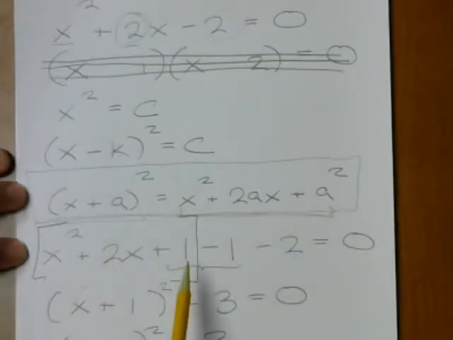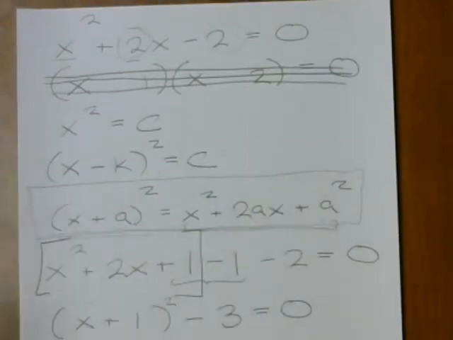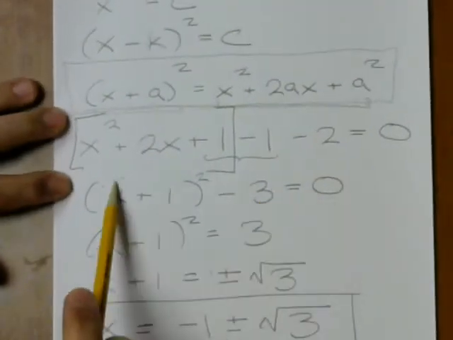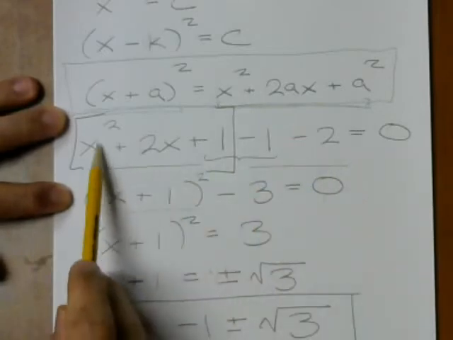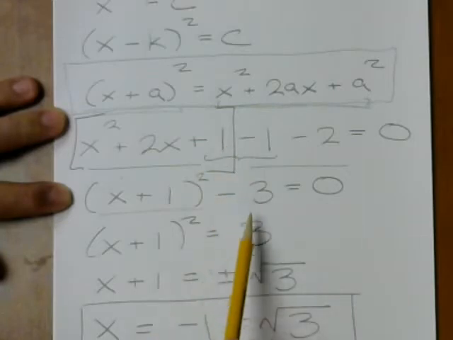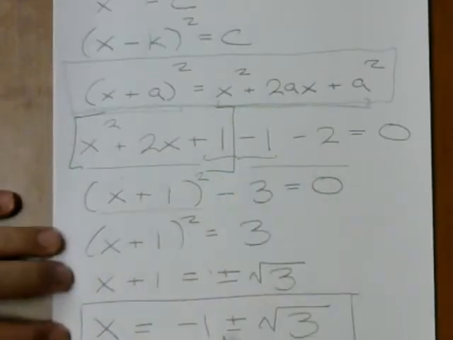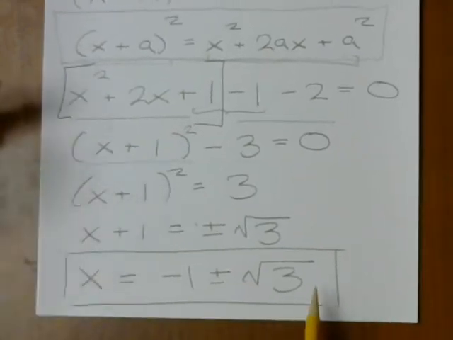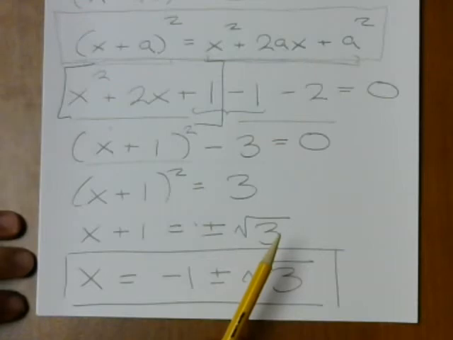So what did I do? I added it. But I'm not allowed to just add it. That would change the problem. So I also subtracted it. Then by grouping this into this and this, I got x plus 1 squared from these first three terms and minus 3 from the next two terms. And the rest of the problem was just me using that one rule that we have for radicals. So we'd like to do that in the future.